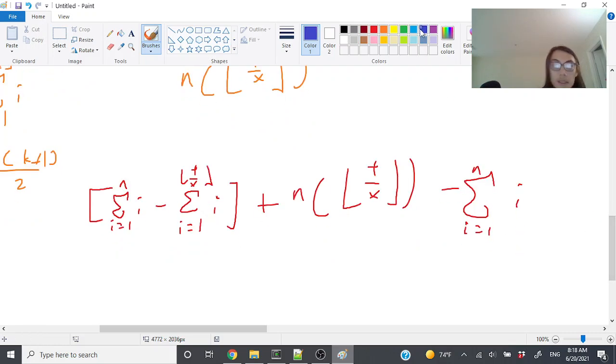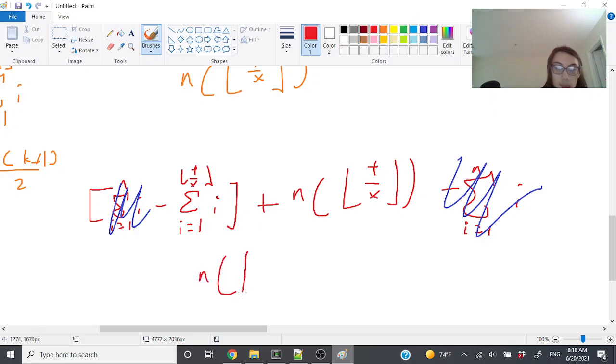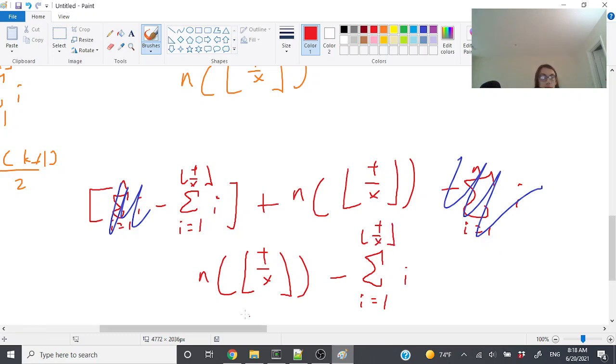As it turns out, these cancel out because they're the same. So we end up with just n times floor(t/x) minus the sum from i equals 1 to floor(t/x) of i. And that's the final formula.